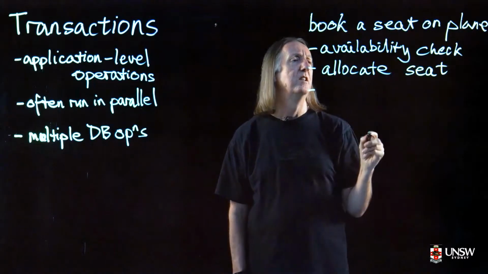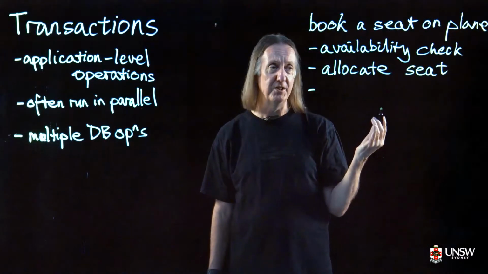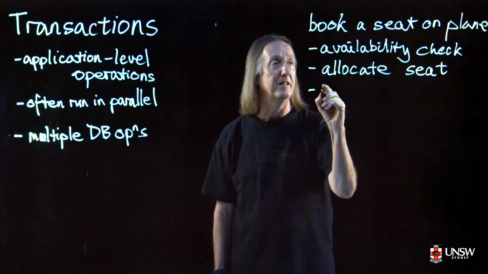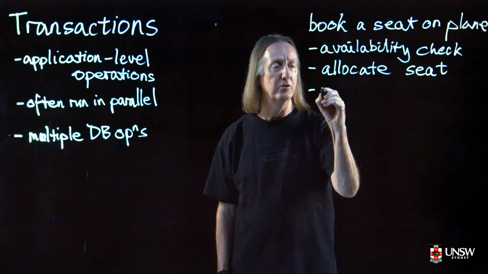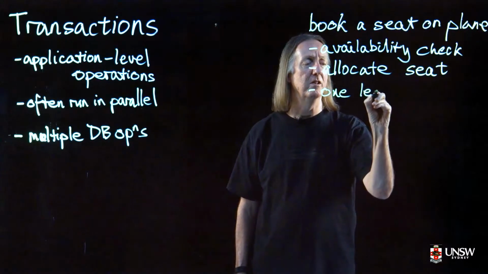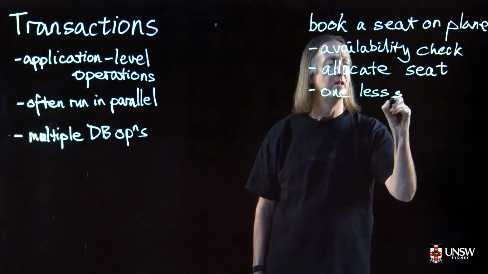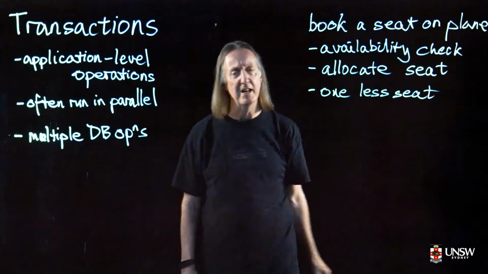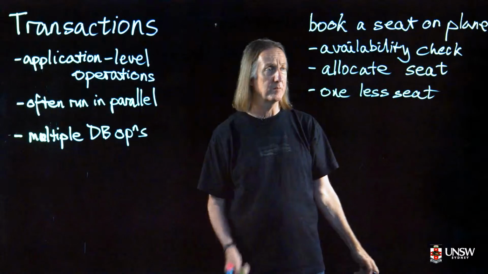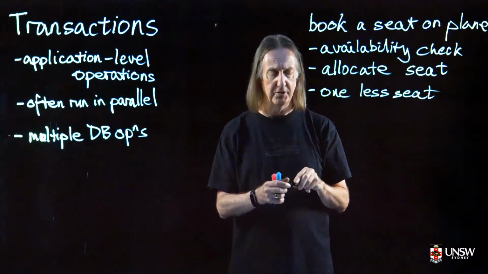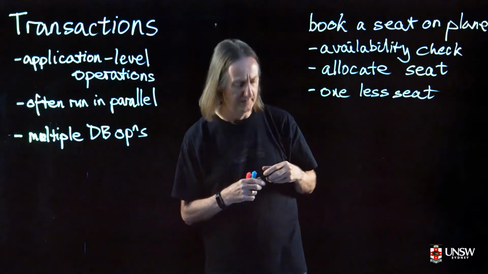So we've checked whether there is an empty seat available, we find that seat, and then we allocate it. And then we have to indicate, of course, that there's one less seat available on this flight. And potentially there's a counter somewhere that says how many available seats, and that's the counter that we would use up here to do the availability check.